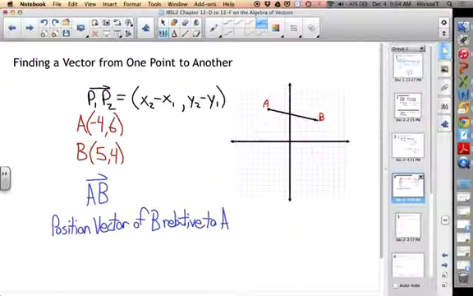When they say this, they're just talking about starting at A and going to B. So it's vector AB.